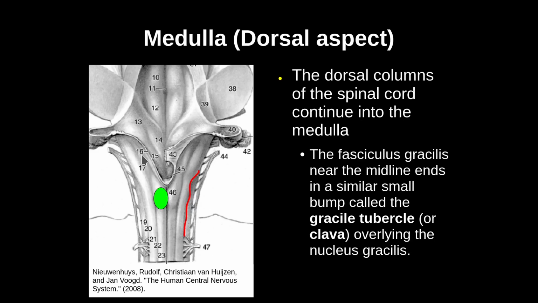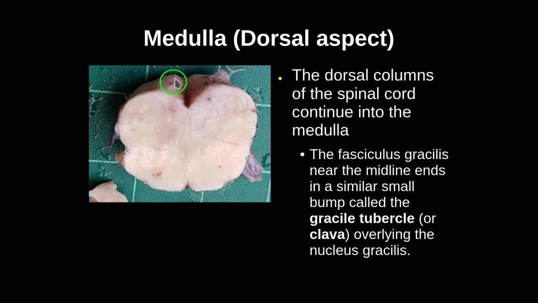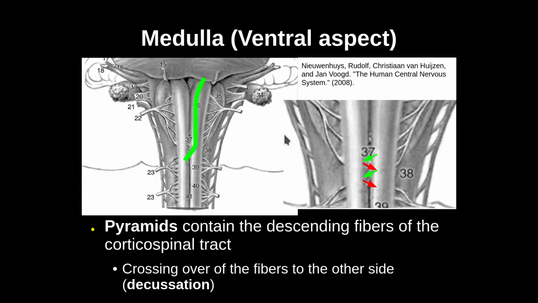On the outside of the brainstem, it actually forms a bump. We have a name for that. It's called the clava or the gracile tubercle. I'm sure you've seen this word before in OS203. It means a bump in something very long. So that bump over there corresponds to the nucleus gracilis.